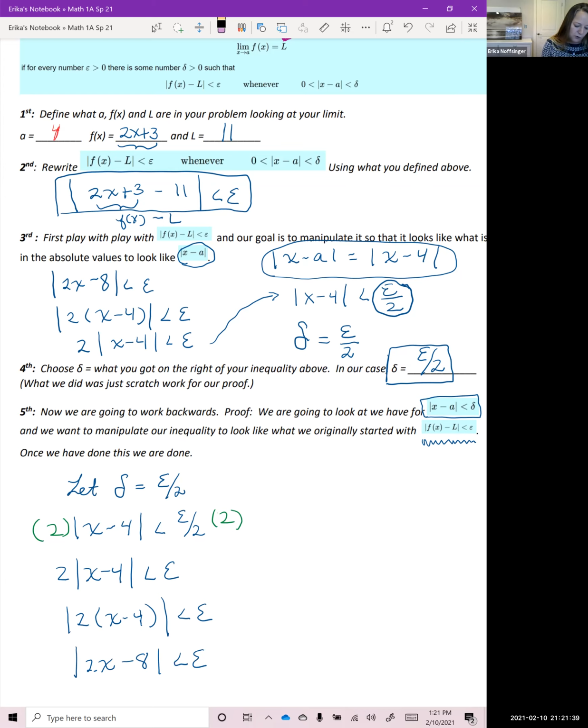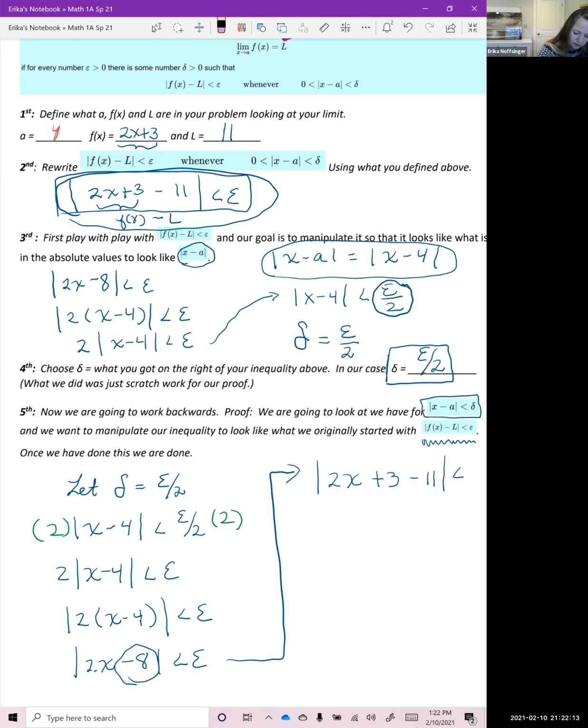But our goal is to make it look like this, the absolute value of f of x minus L. So right up here, this f of x minus L. Again, we're just going to do some manipulation. I can say 2x, and let's rewrite negative 8 as a sum of 2 numbers. We want it to be plus 3, and then minus 11, is less than epsilon.